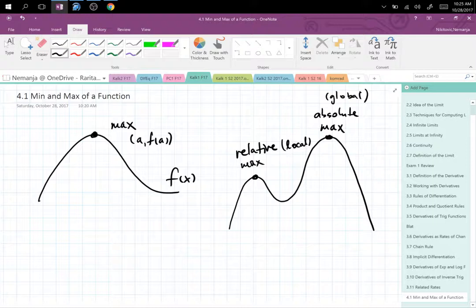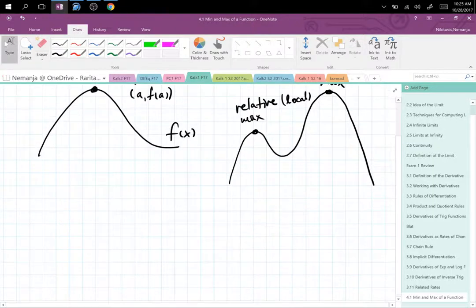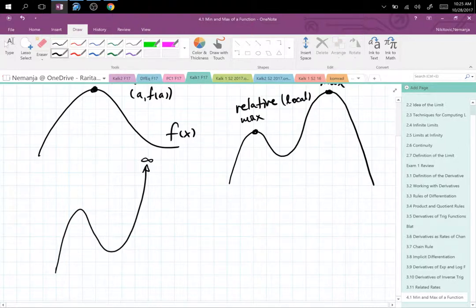So what happens, and you have the same situation for min. But I need to also mention this type of a graph, where this shoots to positive infinity. This guy over here is also a max. Now, what do you think? What kind of max would this one be? Global or relative? Relative.